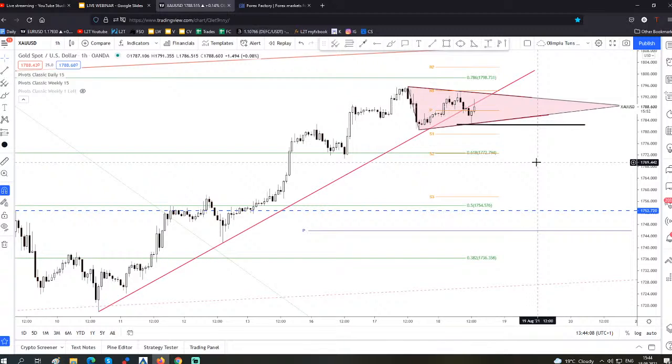An upside breakout, or maybe something like this, could signal a potential upside continuation, because as long as the price of gold stays above these immediate former lows, 1782.99, 1780.67, the bias is still bearish. Sorry, it's still bullish. It could still increase as long as it stays above this support zone area.